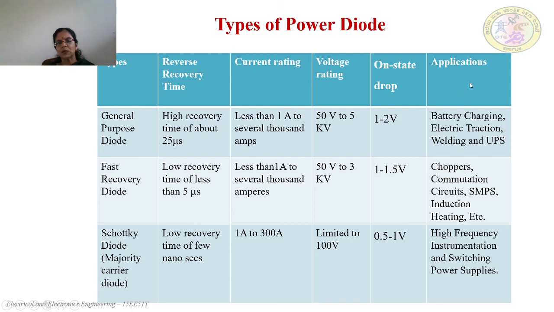General purpose diodes find application in battery charging, electric traction, welding, and in UPS. Fast recovery diodes are used in choppers, commutation circuits, SMPS, induction heating, etc. And Schottky diodes find application in high frequency instrumentation and switching power supplies.